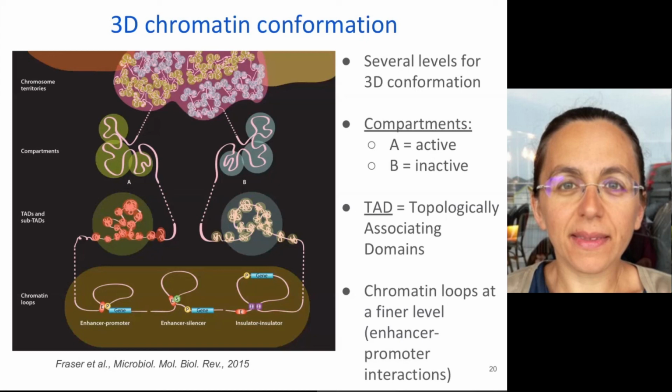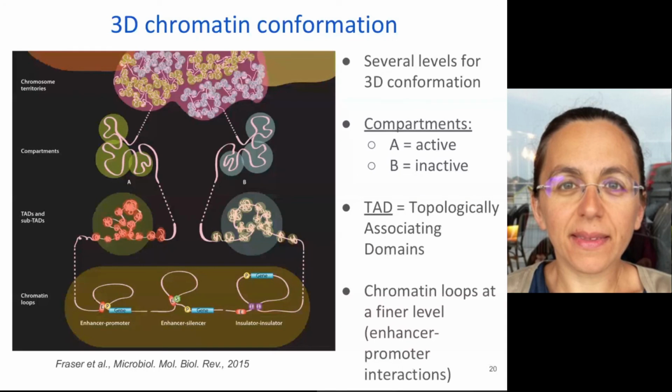And then within the compartment, you have these TADs or subTADs, for topologically associating domains, that are defined as the domains where you have more interaction within the domain than between this domain and another one. And within this TAD, you have a finer scale conformation, which are these chromatin loops.